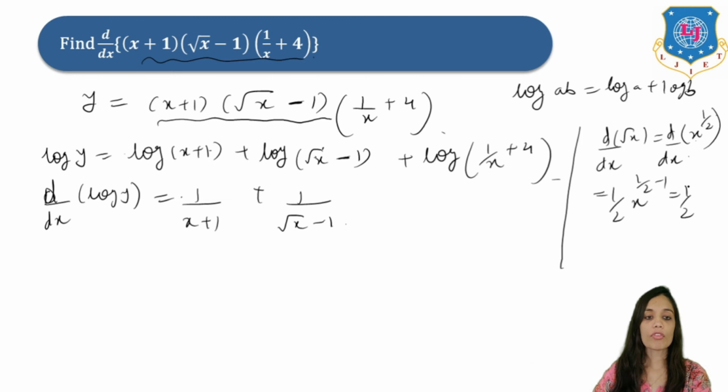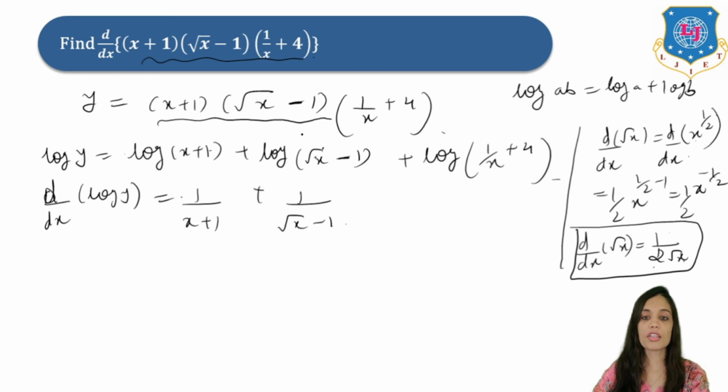So it will be 1 upon 2 x raised to minus half. So I have derived the formula of derivative of root x. It will be 1 upon 2 root x. You can remember this formula also. Derivative of square root x will be 1 upon 2 root x. So now here I can write 1 upon 2 root x. Derivative of constant will be 0.